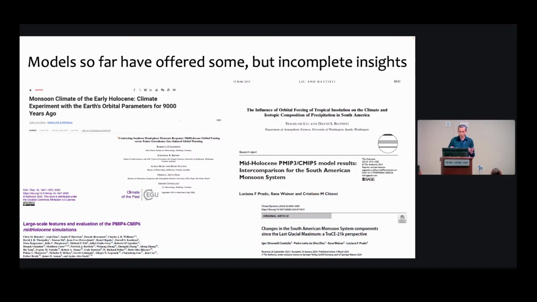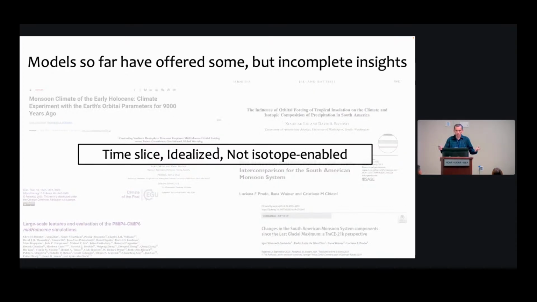But there are a few things that don't allow us to fully resolve or understand what is happening here during the Holocene. It can be summarized by three descriptions. A lot of the time they are time slice simulations, some of them are idealized, and even if they're transient simulations, they're not isotope enabled.